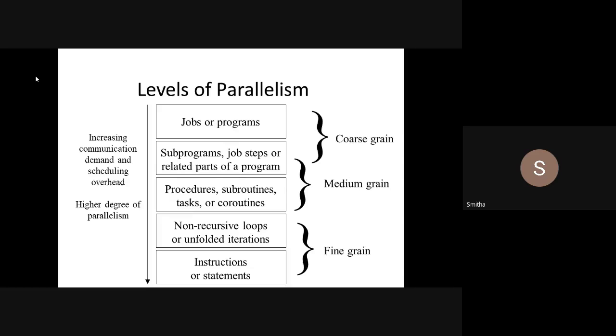Then above that we have non-recursive loops or unfolded iterations. It is not recursive; recursive, you know, will call itself. If we have any simple loops which are non-recursive, or unfolded iterations, that is the second level. Above that we can have procedures, subroutines, tasks, or coroutines.